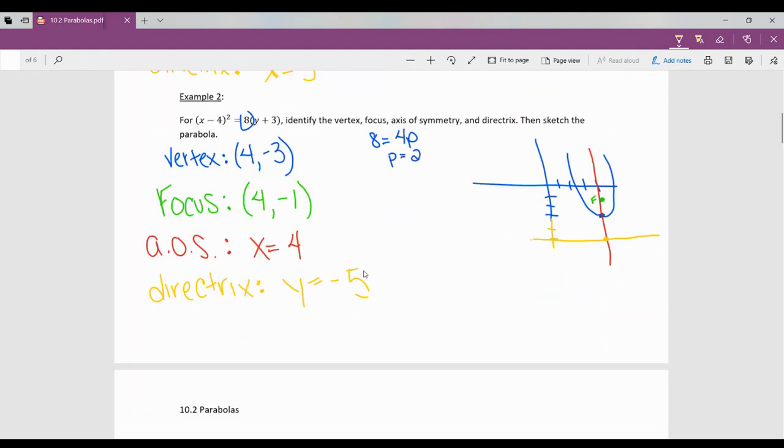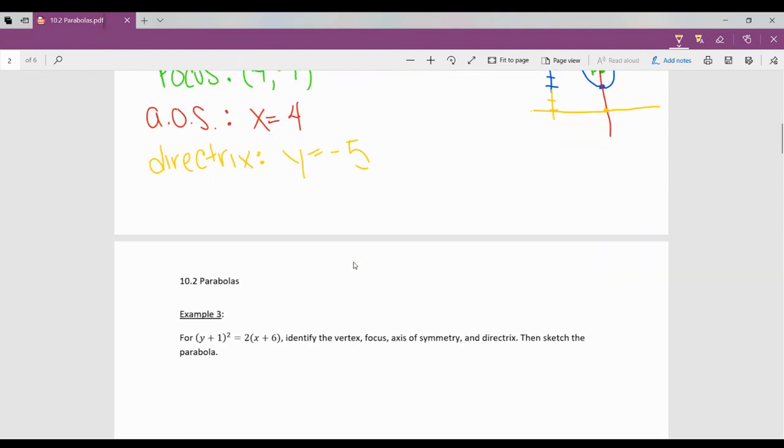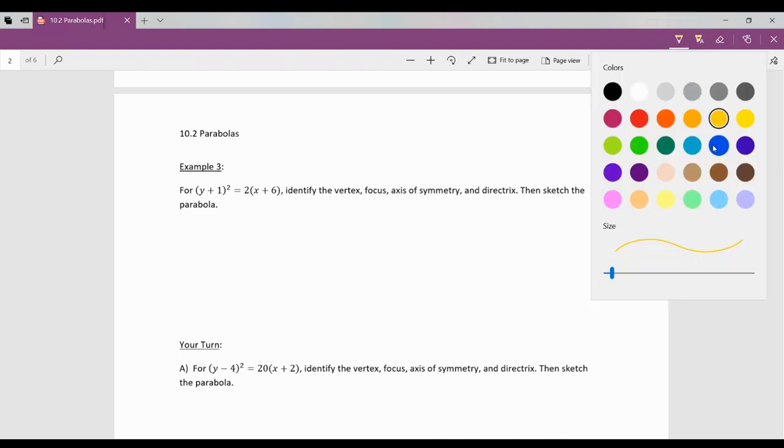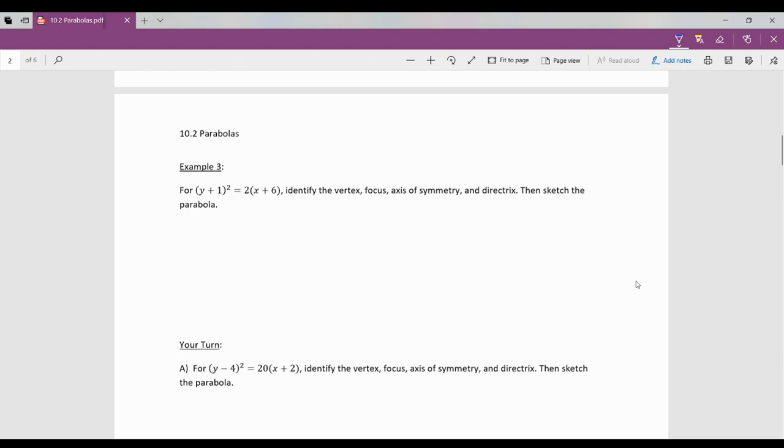All right, last one. Once again, we have the y is being squared, so this is going to be opening horizontally. So my vertex is (h, k), so in this case, (-6, -1). So 1, 2, 3, 4, 5, 6, comma -1.